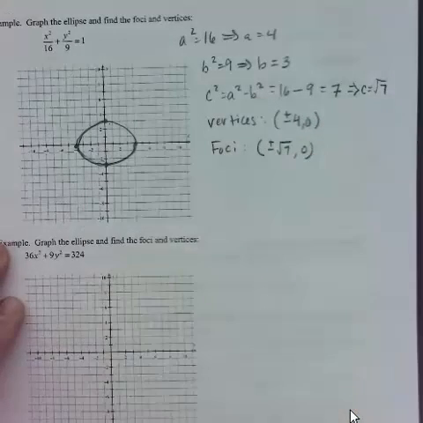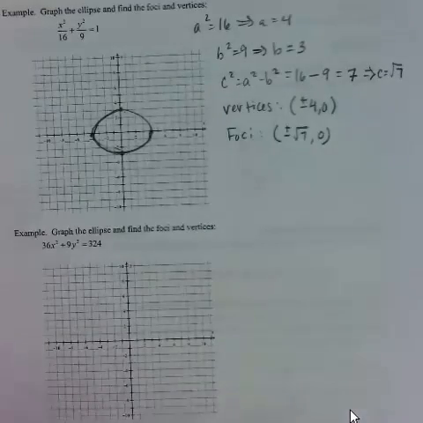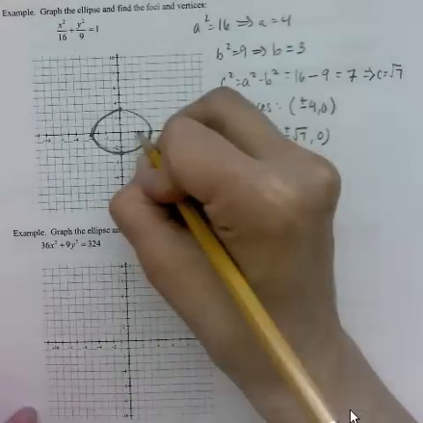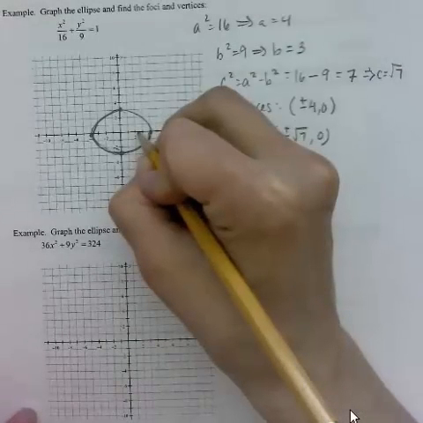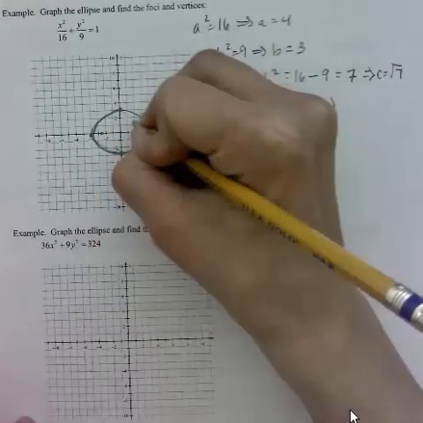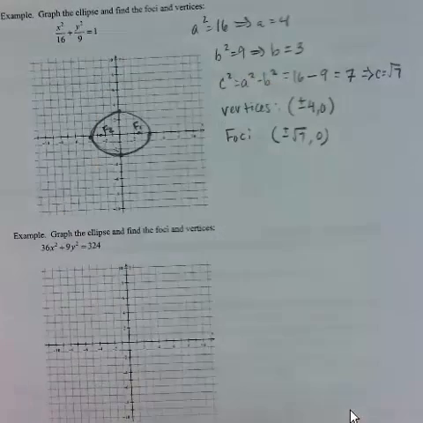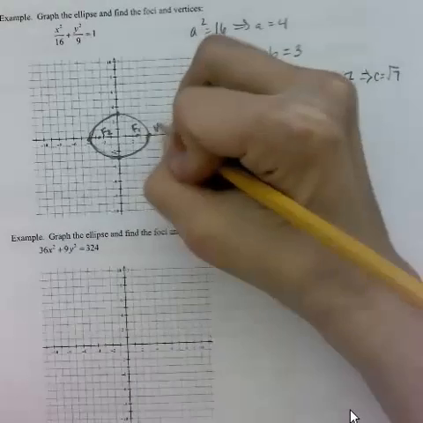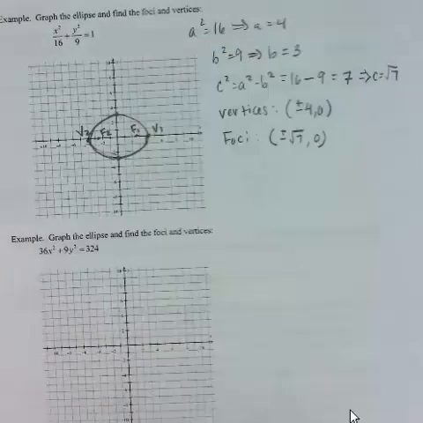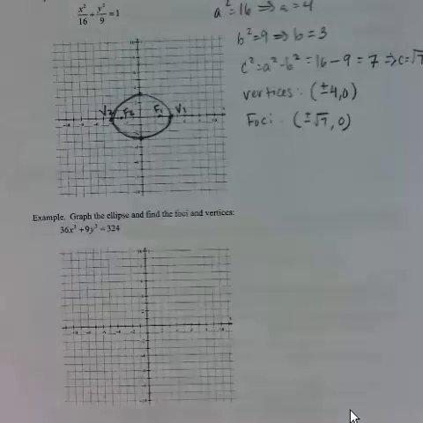If we wanted to label those on the graph, square root of 7 is approximately 2.6. So put them about here and here. And for the labeling, if you want, you can just write F1, F2. You don't have to put the coordinates there. And of course, this is V1, V2.